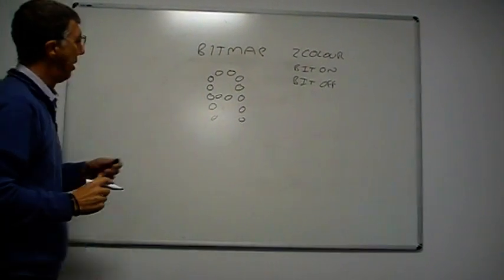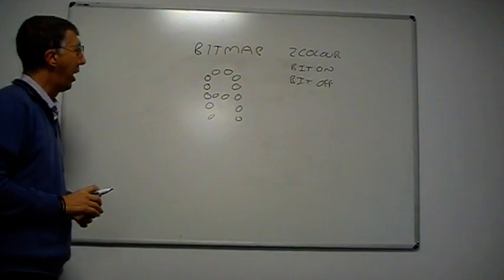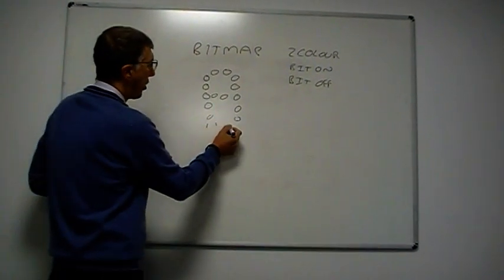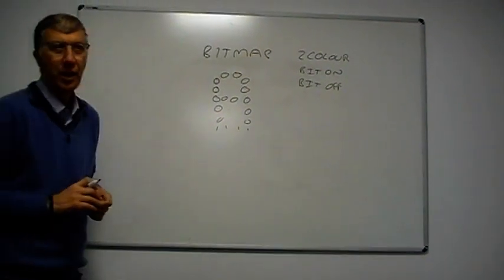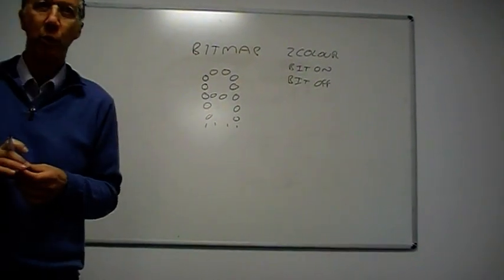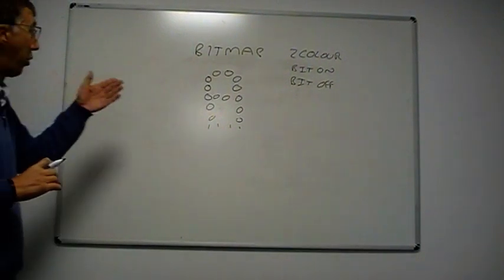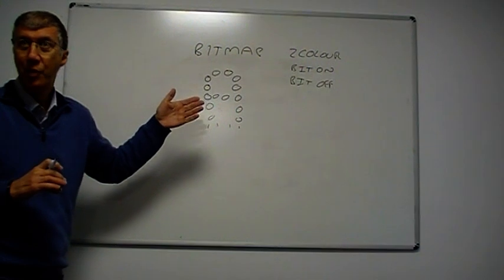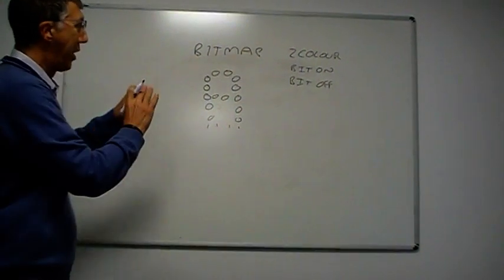That would be, for instance, 6 drops high. And each one of these is a stroke, so we've got 4 strokes wide. That's the font we could use. That is drawn as a bitmap, and it's saved as a bitmap, even though it's a font. And all of that's put into the printer.